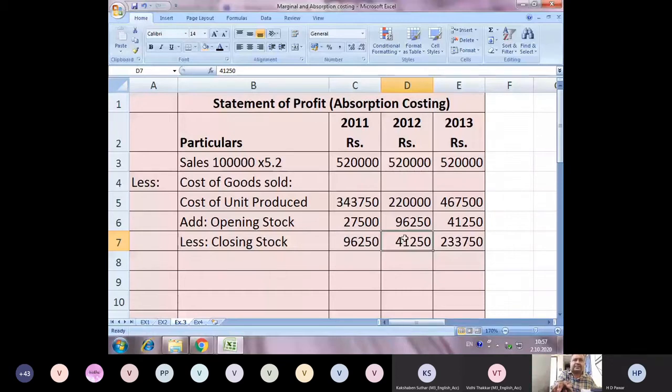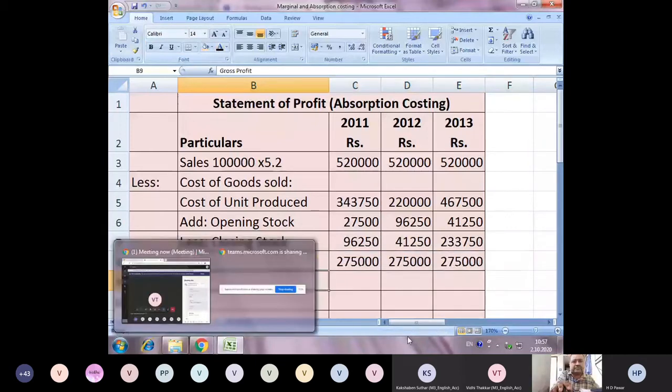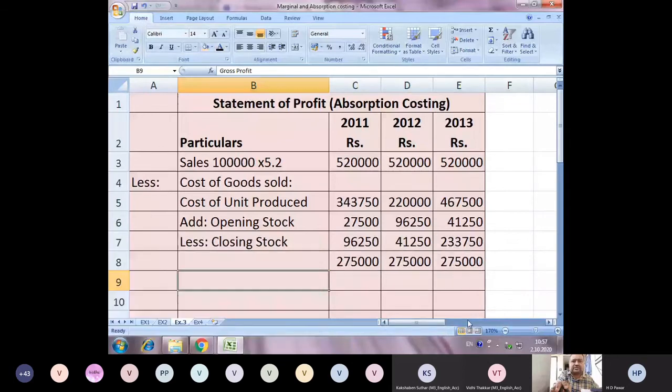And in the same way, here it is 85,000, so 85,000 into 2.75. The answer you have is called cost of goods sold. It is 2,75,000 in all years.